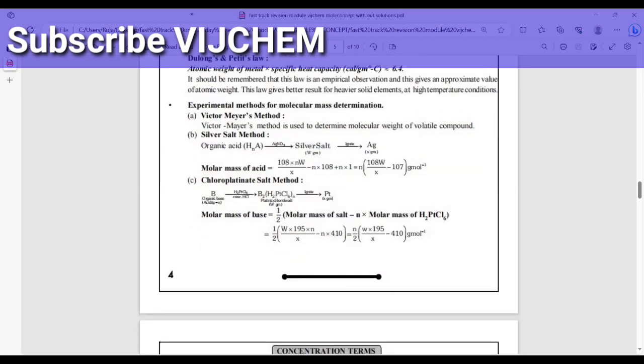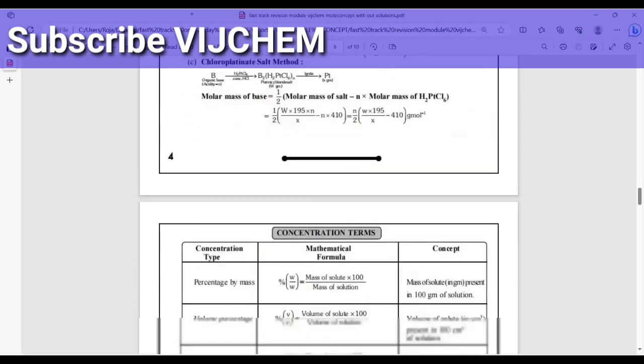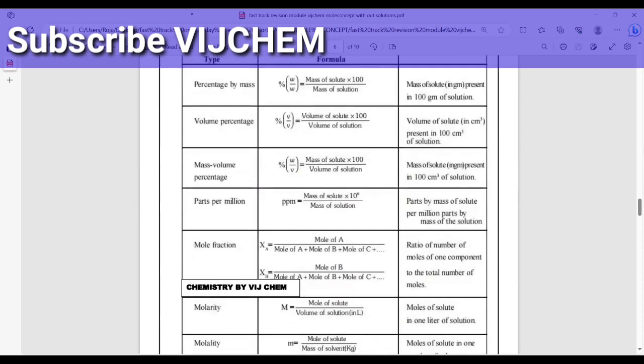Okay. So next, coming to the concentration terms. These are the concentration terms, very easy. Percentage: mass of the solute by mass of the solution into 100. Both are mass, that's why there are no units for this. Volume percent is volume of solute by volume of solution.